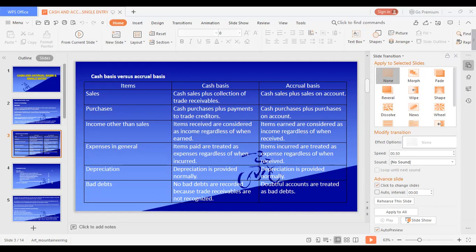So the total of the credits to retained earnings is 1,250,000 and the total of the debits is 770,000.